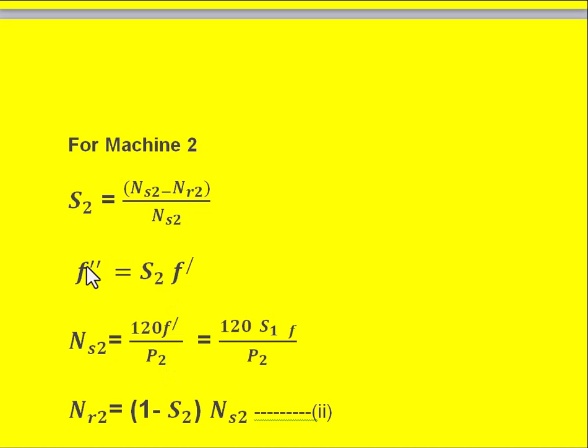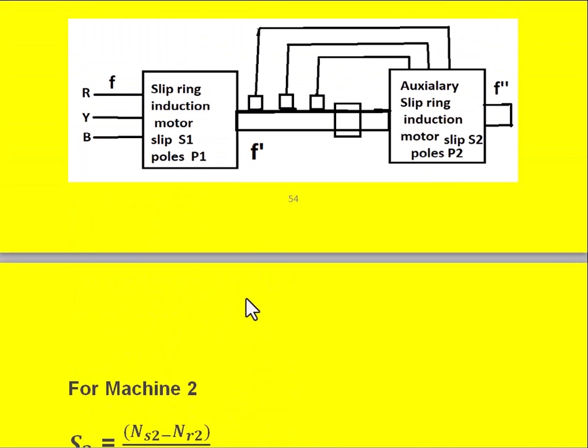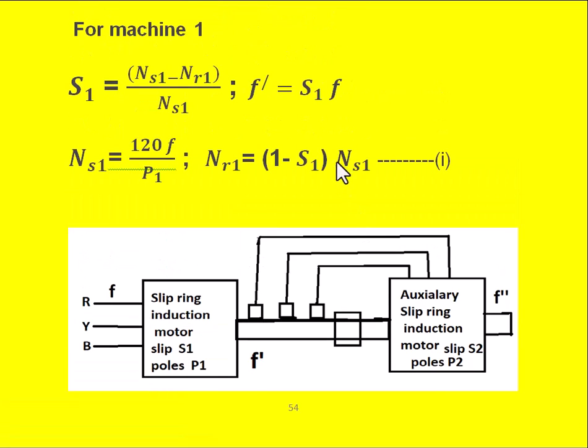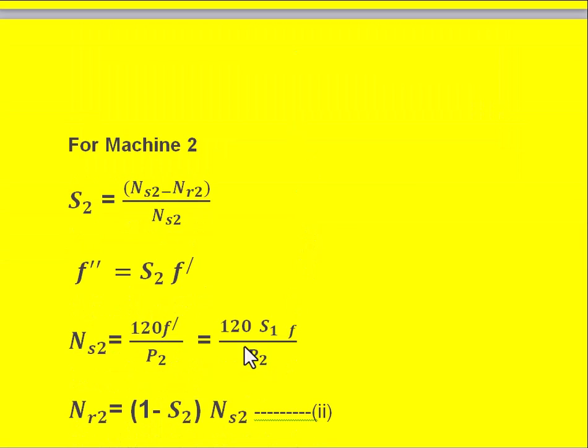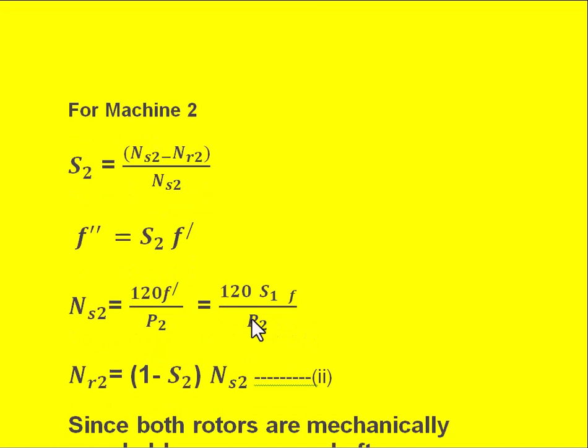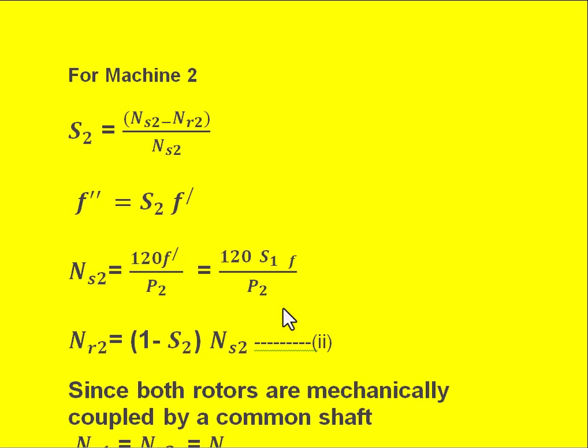F dash and F double dash are related like this: F double dash is S2 into F dash, and F dash is related with F like this: F dash is equal to S1 into F. Substituting F dash equal to S1 into F, the equation becomes 120 S1 into F divided by P2.